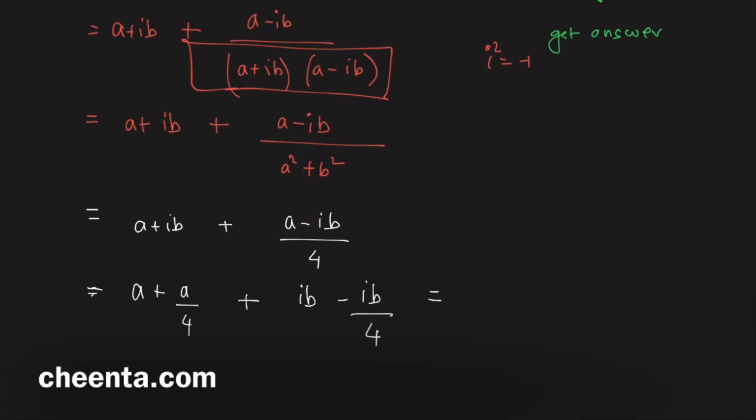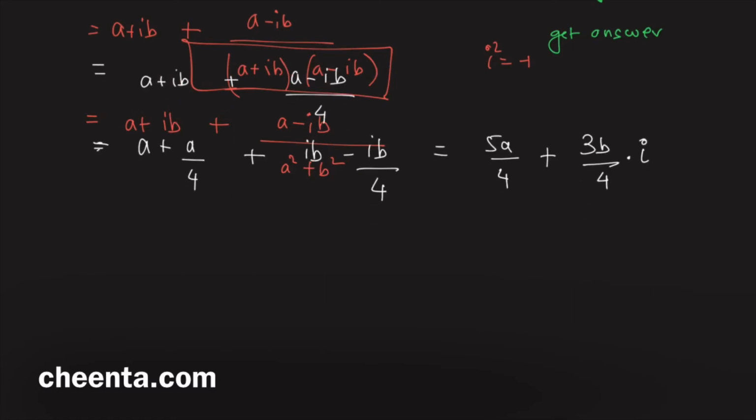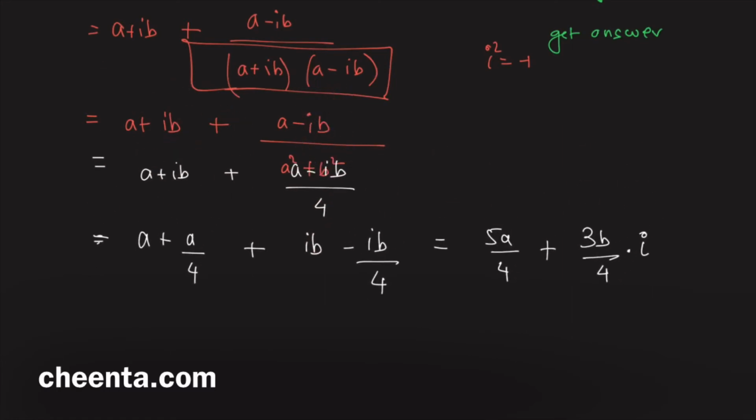So this is 5a by 4 plus 3b by 4 times i. So this is the coordinate of a and b. So let me just do one thing. Let's write p here. This is equal to p. p is z plus 1 over z, right?